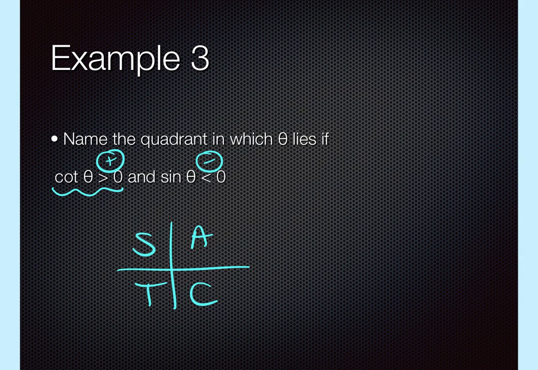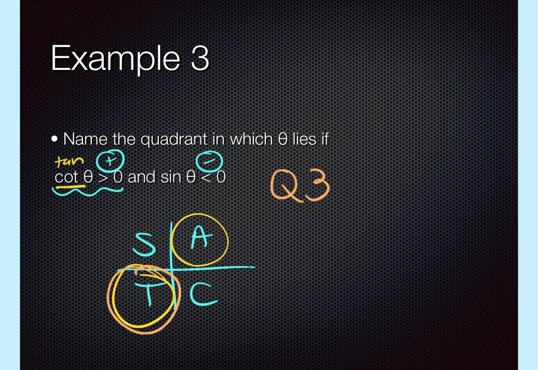Instead of cotangent, we're looking at tangent because they would have the same sign. They would be reciprocals, but they have the same sign. So tangent is positive in the first quadrant and the third quadrant, which would be where cotangent is also positive. But from there, which of those has a sign that's negative? The third quadrant. So this answer is just quadrant 3.